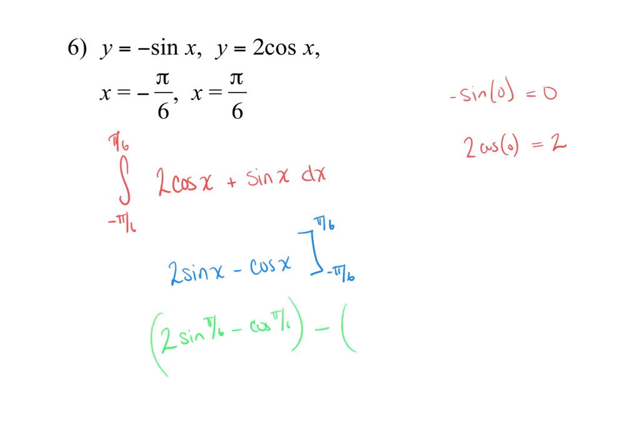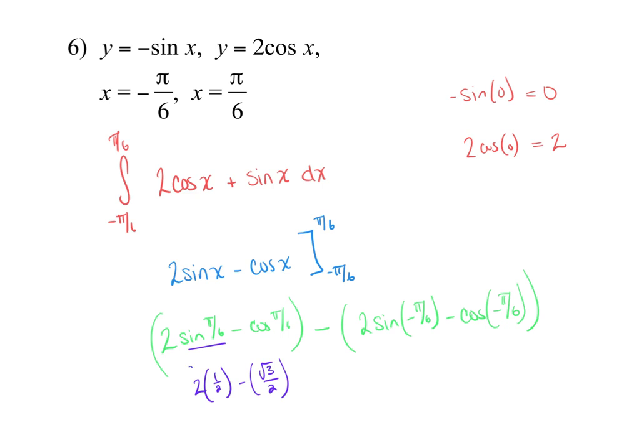We're going to subtract 2 sine of negative pi over 6 minus the cosine of negative pi over 6. Pi over 6 is a 30-degree angle. Hopefully you know that. But the sine of a 30-degree angle is 1/2. So I have 2 times 1/2 minus the cosine of a 30-degree angle, which is square root of 3 over 2.